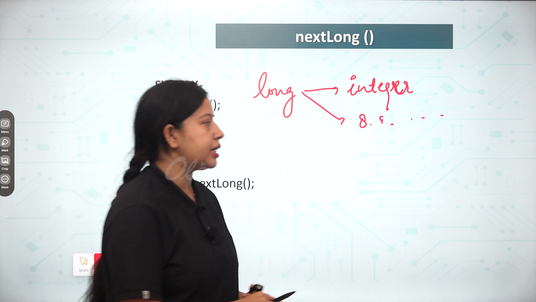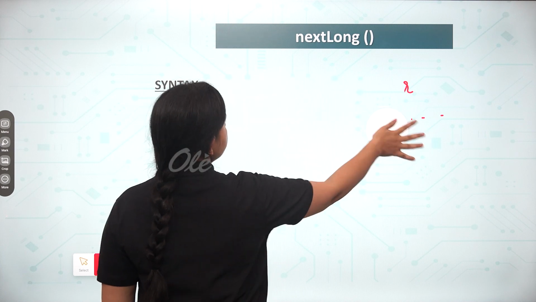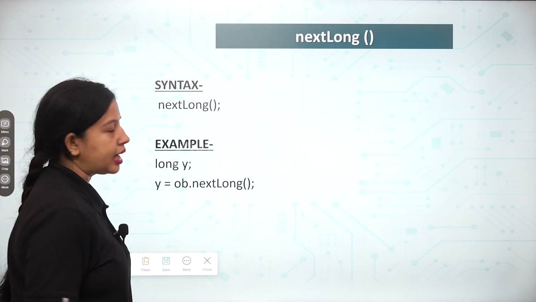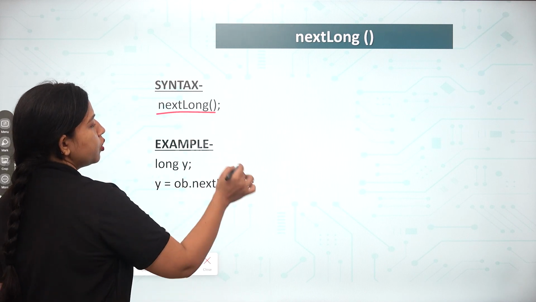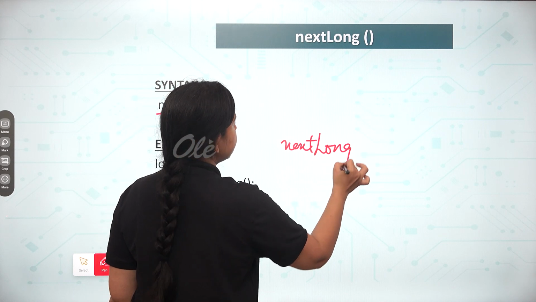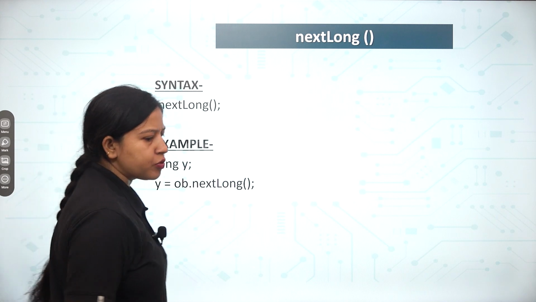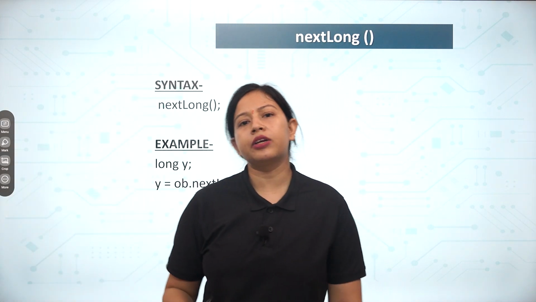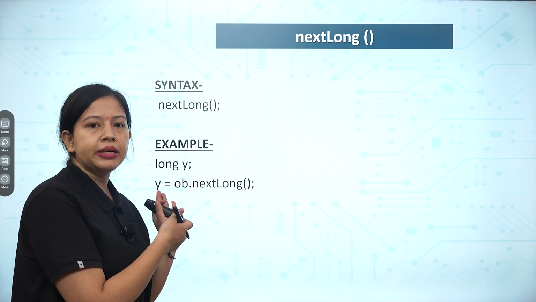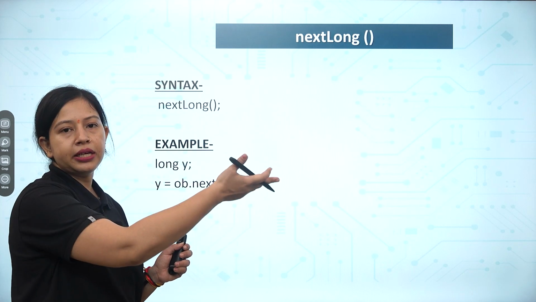Larger integer numbers like a phone number, PAN card, account number, these kinds of values can be held by the long data type. For that we have a method nextLong, where next will be in small case and Long will start with a capital L. Alright. I'll give you the example at last. When we complete all the methods, I'll take one simple code where I call all these values. So that we have done in the previous method. The same thing can be done over here.